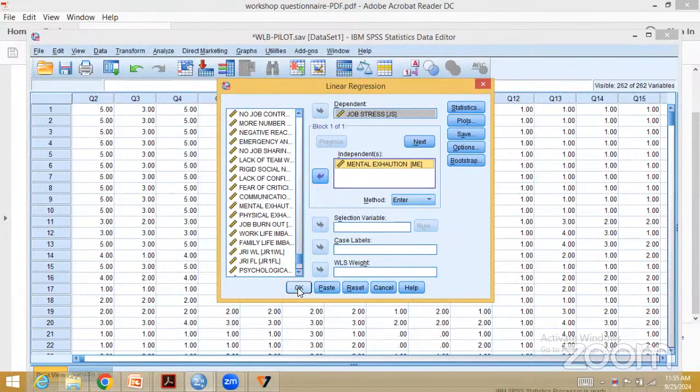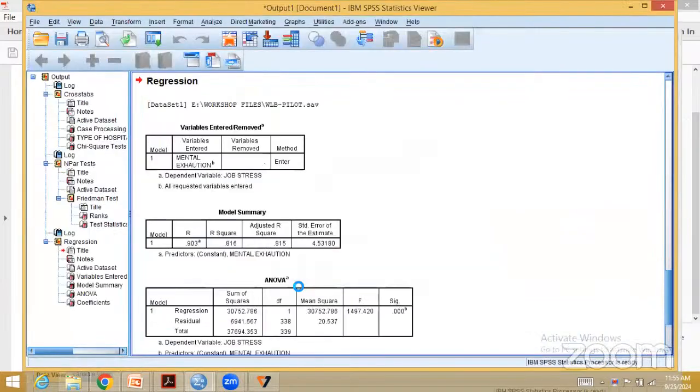I want to identify how far mental exhaustion affects job stress, or how far job stress is influenced by mental exhaustion. Job stress is the dependent variable, mental exhaustion the independent variable. Click OK.